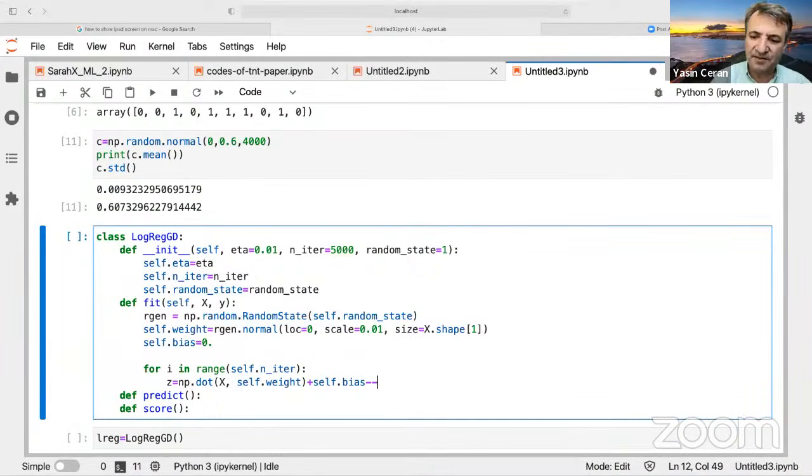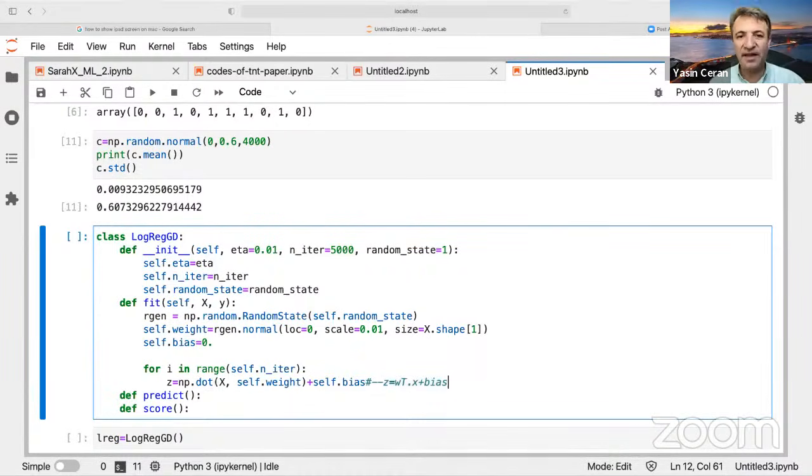So what is this, guys? This is Z equals W transpose times X plus bias term. Remember, we learned about this. I'm just using that here. np.dot is the dot product of a matrix by a vector.